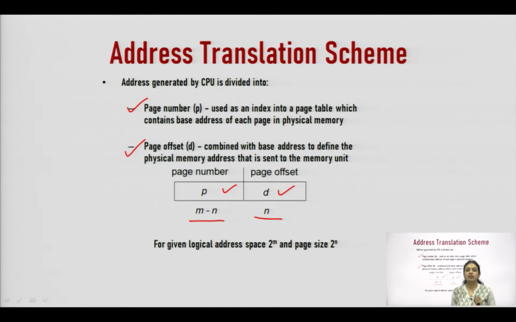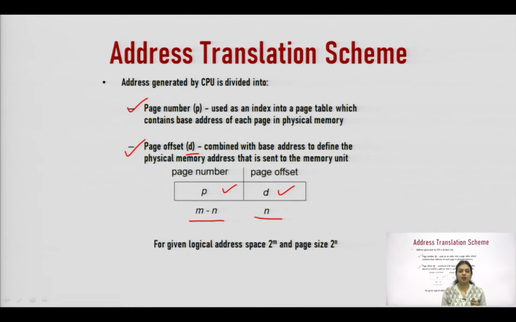That means the starting location of each page is given through the page table. The second part is the page offset, represented by the letter D. D is the displacement within a page.